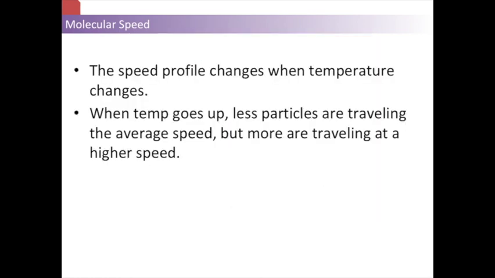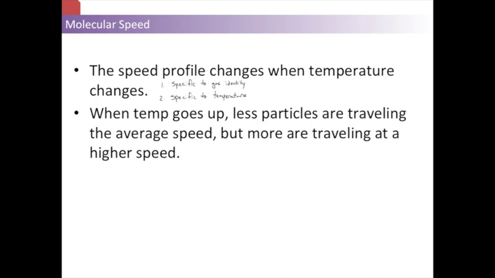Now that last profile of speed distributions of particles inside a sample of gas was specific to a gas of known identity and at its temperature. But the speed profile will change when the temperature changes. It will also change with the molar mass of the particles. When temperature goes up, there will be fewer particles traveling at the average speed.